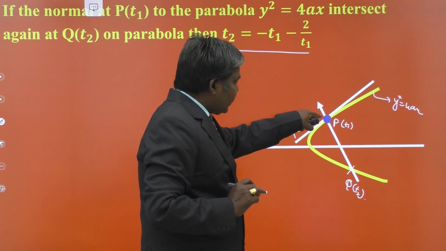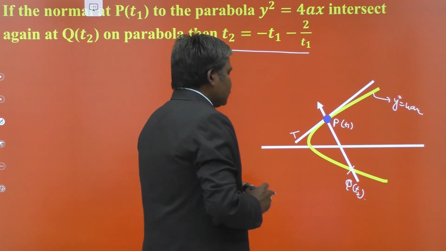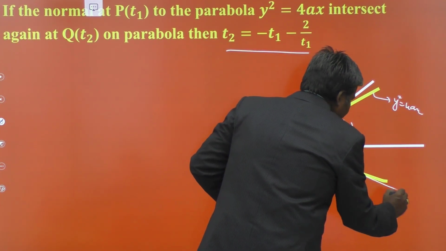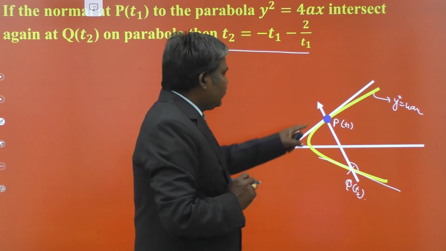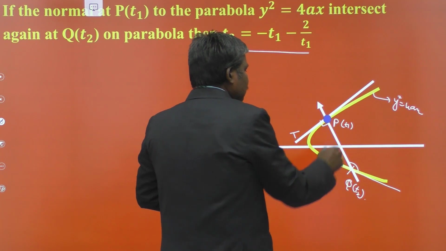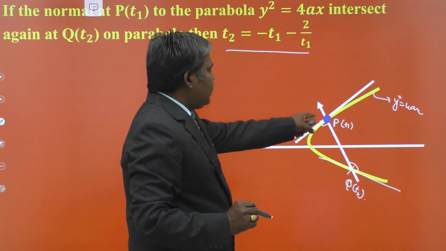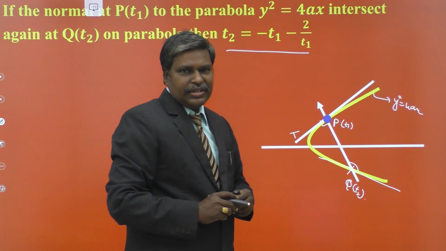So you are drawing the normal at that point. That is the concept you have to understand. My dears, if you draw the tangent here itself, this is not 90 degrees. At this point it is 90 degrees. That is the main difference between these two points. The normal at P intersects the curve again at Q. Then we are going to show the condition.